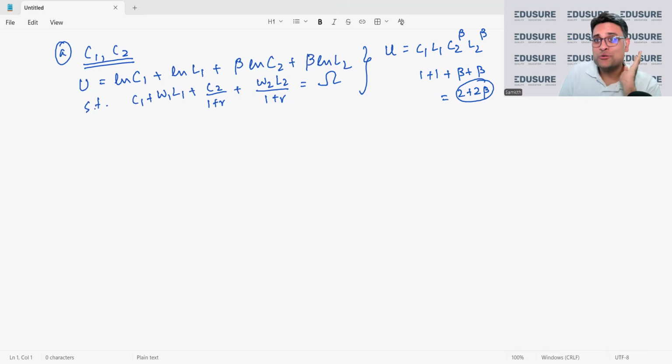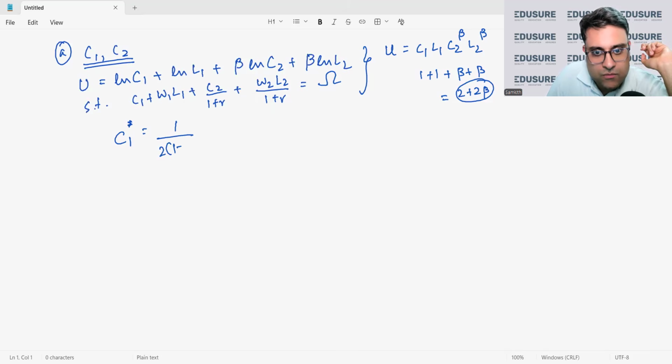Now, I'm going to use the shortcut. By now everyone should know the shortcut, right? Okay, so let's get into solving. So C1 star will be basically the power of C1 divided by the summation of all the powers into omega.